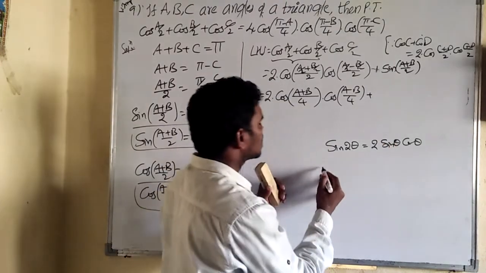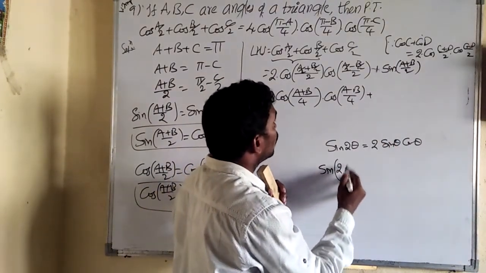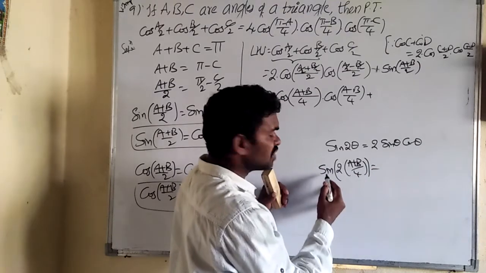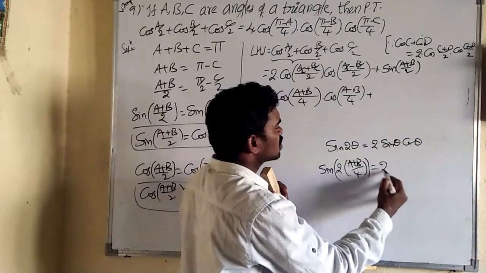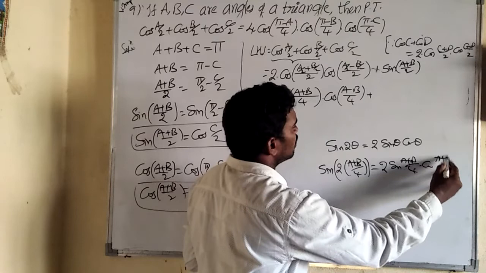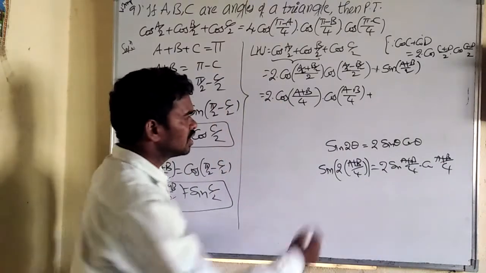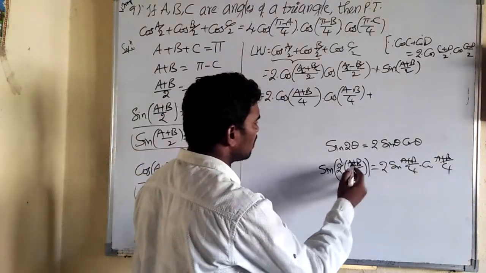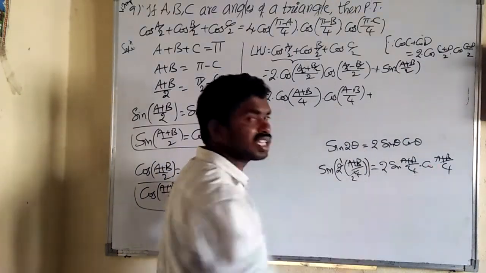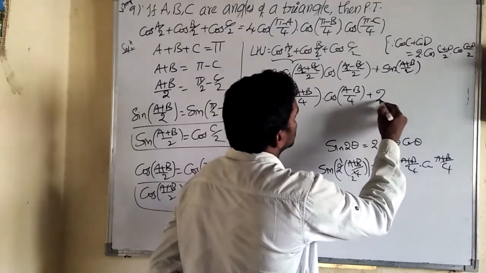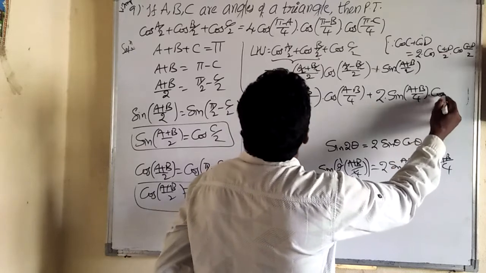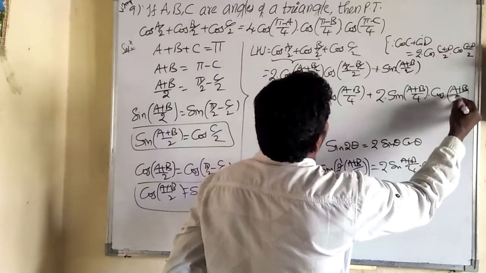So sin of 2 into (a+b)/4 becomes 2 sin((a+b)/4) into cos((a+b)/4). So sin of (a+b)/2 is nothing but 2 sin((a+b)/4) into cos((a+b)/4). So we get plus 2 sin((a+b)/4) into cos((a+b)/4).